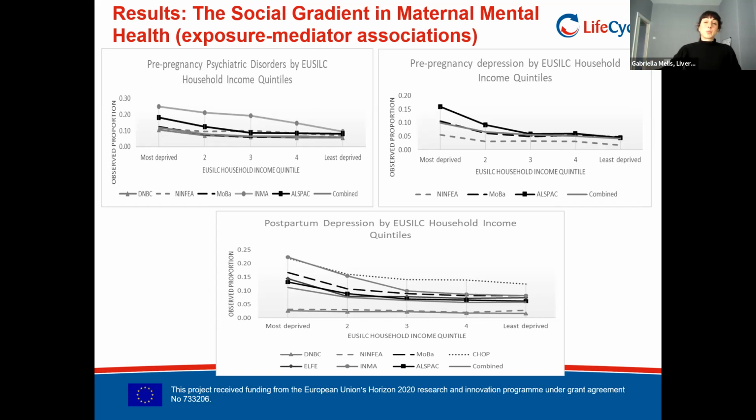However, you can see also that it's quite mild for some of them, such as ENDC and INFEA, which, however, we have to be careful in the conclusions that we make because, as we discussed in other circumstances, there are some important pieces of information to be taken into account in terms of measurement issues and population selectivity across the cohorts, which complicate, of course, this type of analysis, but will be taken into account at a later stage.